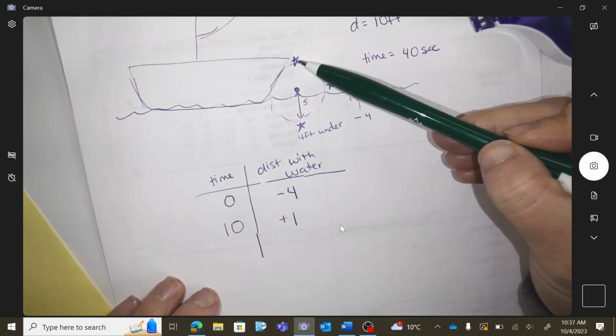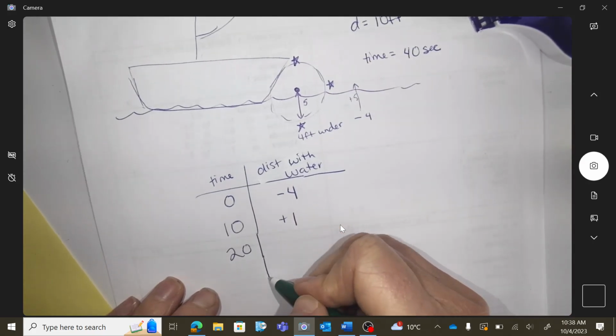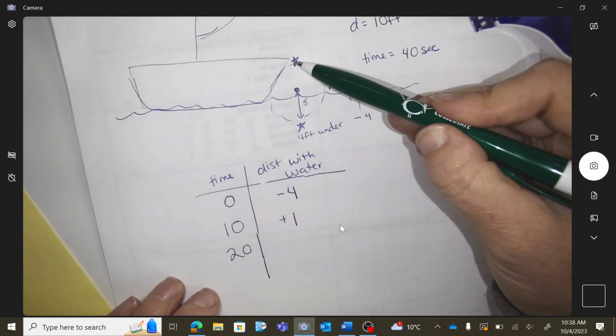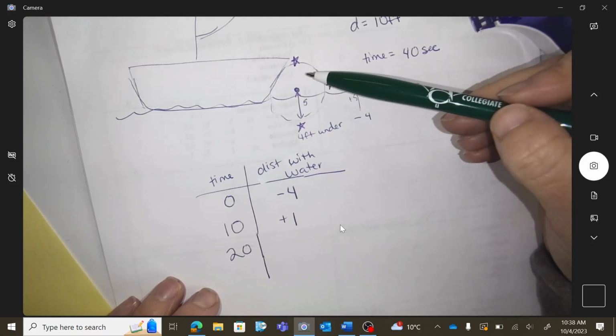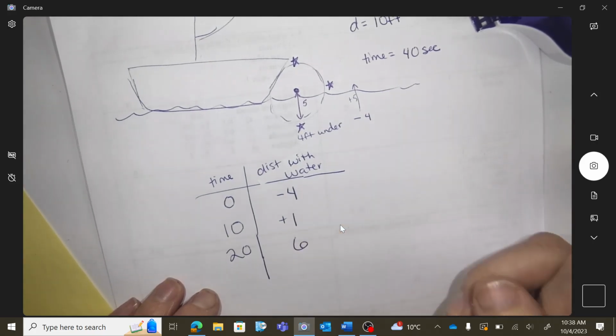Now let's talk about this position on the circle. What's the time of the spin right now? 20. And with regards to the water line, how high are you? You are now 6.